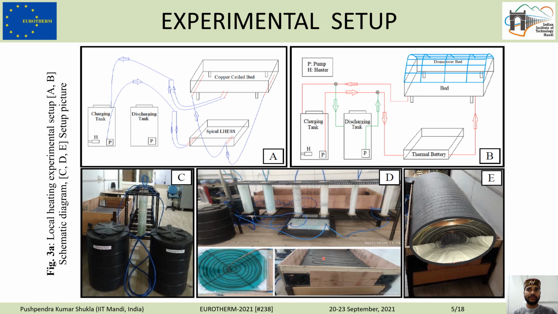Here we could see that water is coming from here, and this is the latent heat thermal energy storage system, which is a spiral type. When the source is not available, we can use this stored energy for heating this particular setup. In each section we had that confined area, which we will discuss in detail in the next slide.